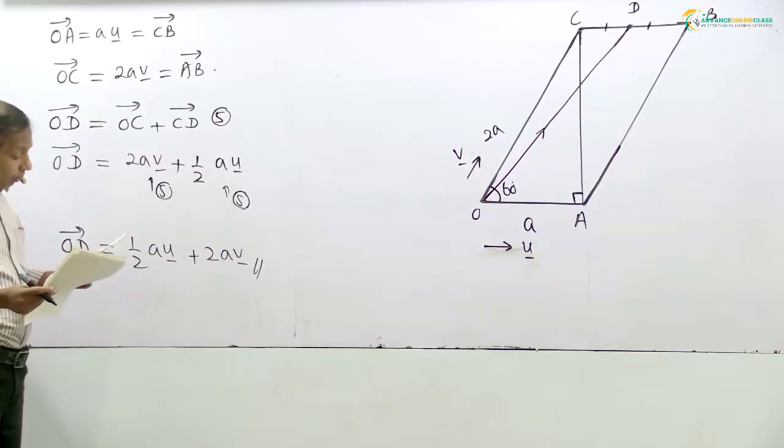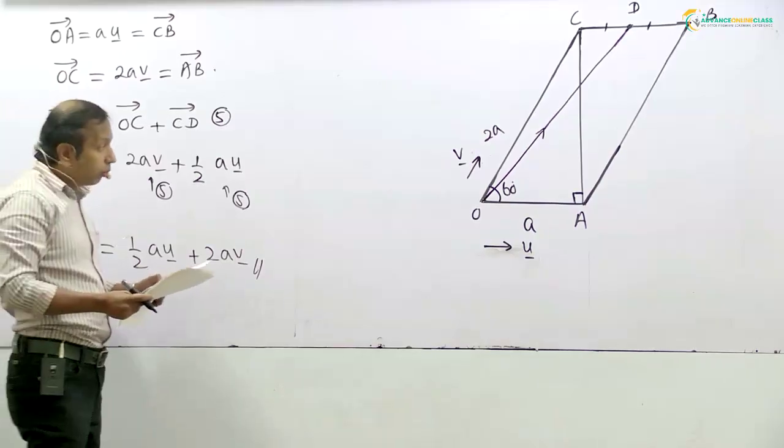Let E be the point on AB such that OD is perpendicular to DE.